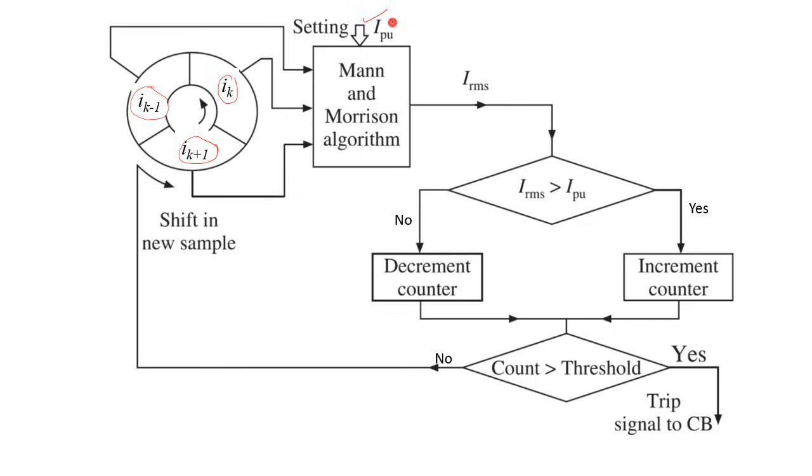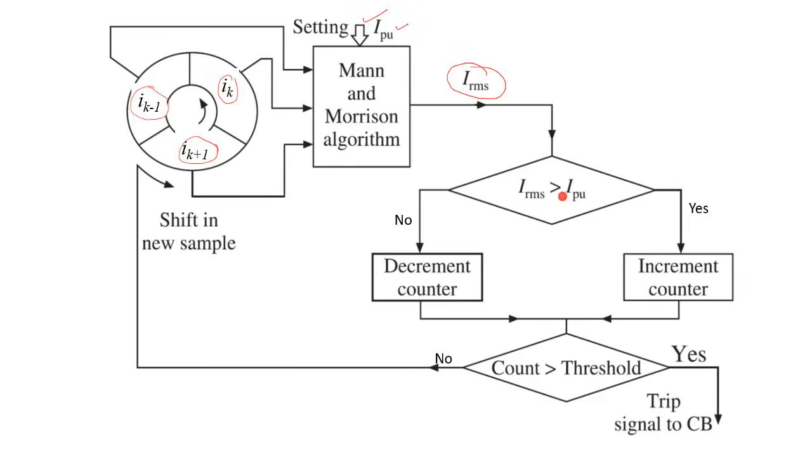we have a setting value, I pickup, per unit, and from these samples we calculate the RMS value. The RMS value is checked against the pickup value.